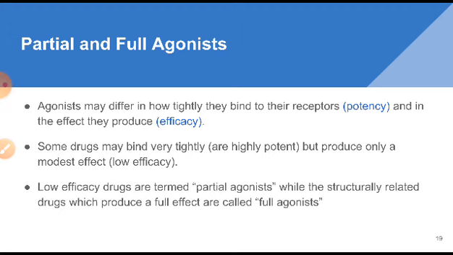Always understand the term potency this way: potency is defined by the ability of binding, and the ability of binding defines how much concentration is used to bind. That is how tightly they bind to their receptors. And after binding, the effect they produce defines the efficacy of the drug.